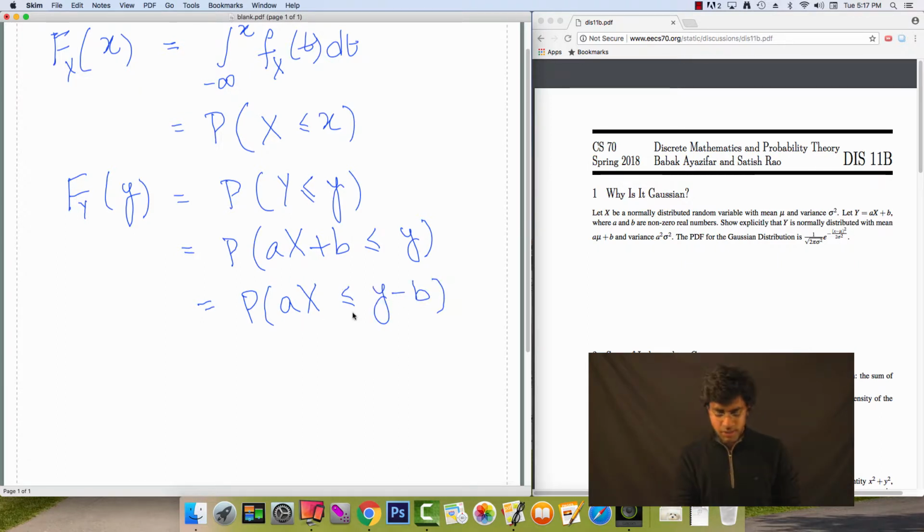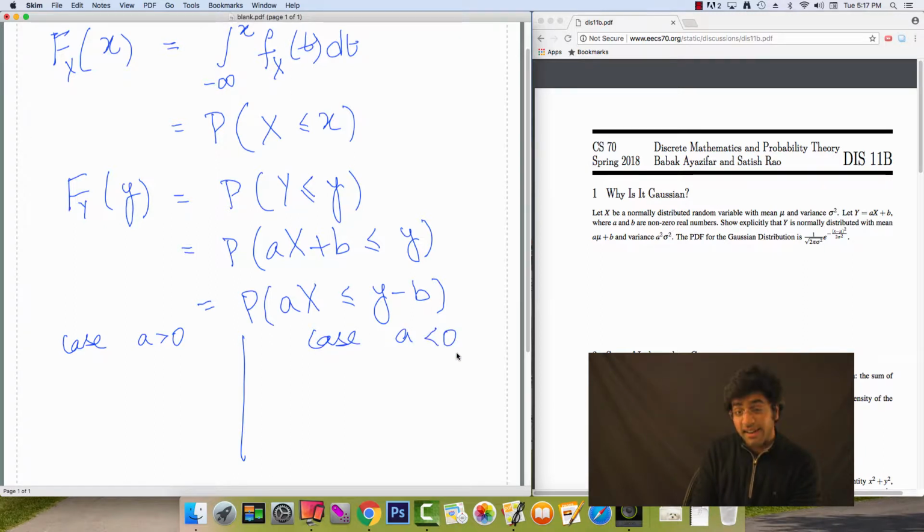Now at this point, you're wondering, why did I just subtract b and not divide by a as well? The thing here is I need to take two separate cases: the case when a is positive and the case when a is negative.